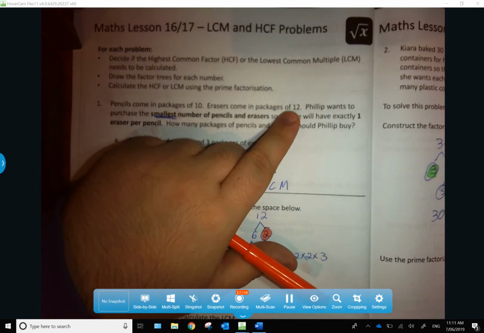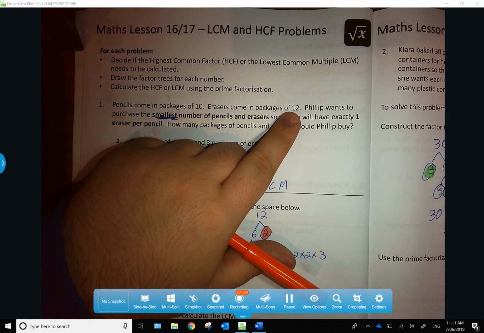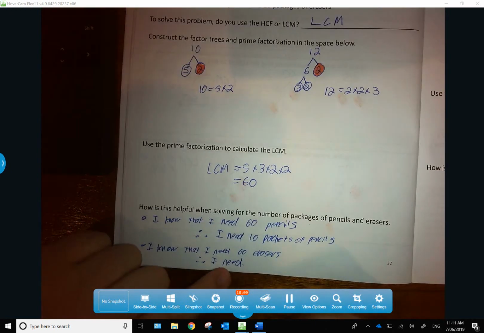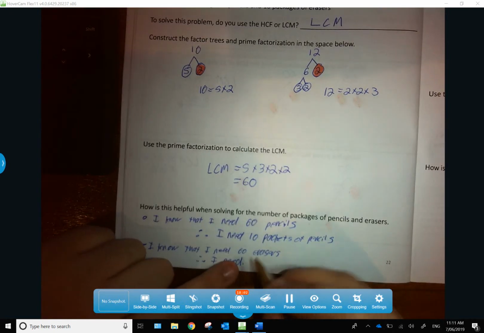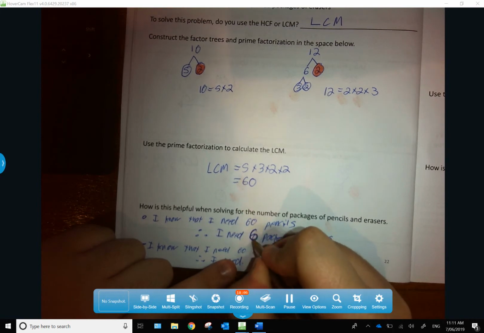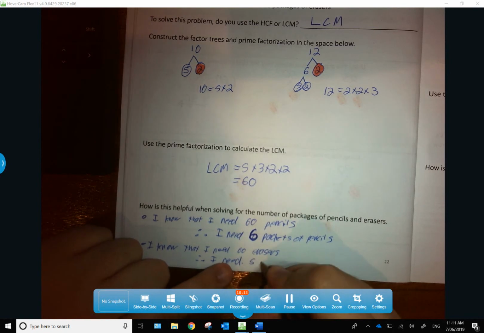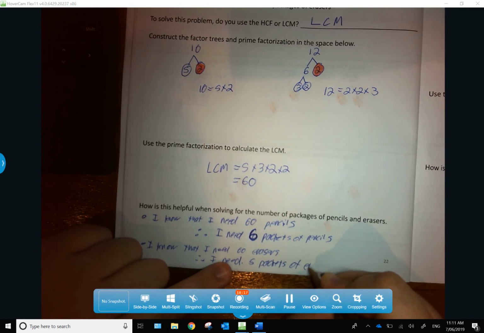Well, how many packets am I going to need? Well, isn't 5 times 12 60? Yeah, so that means that I need 5 packets. How did I make that mistake? Anyway, so I know I need 5 packets of erasers.